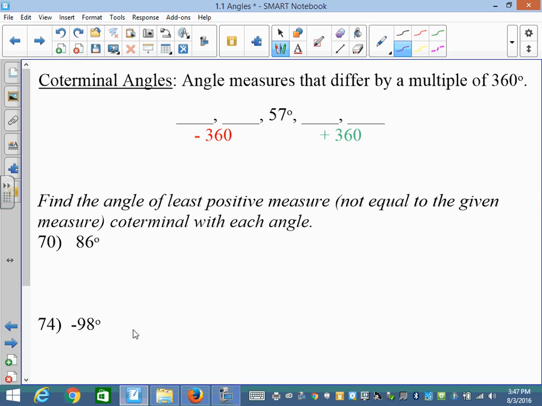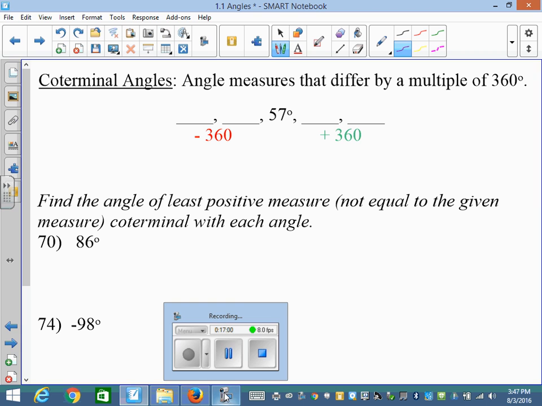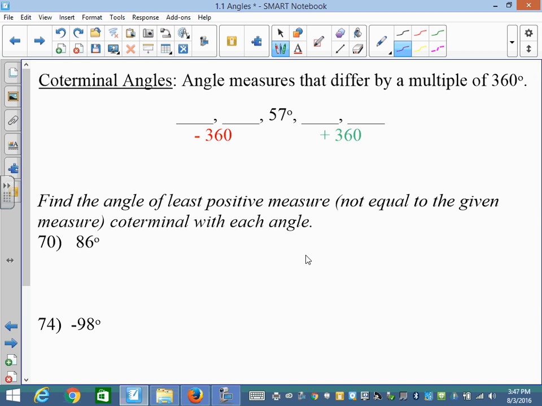Okay, so coterminal angles. These are angles that are in the exact same position as before. It's just you've done a full rotation one way or the other. On this one, I'm starting with 57 degrees. If I want my coterminal angles, two in each direction, 57 plus 360 would give me 417 degrees.